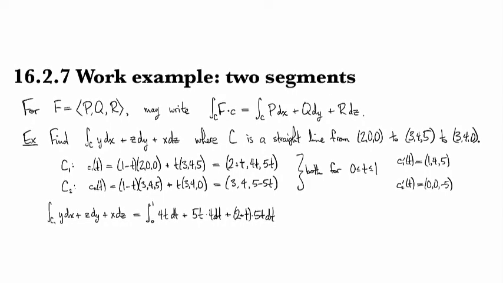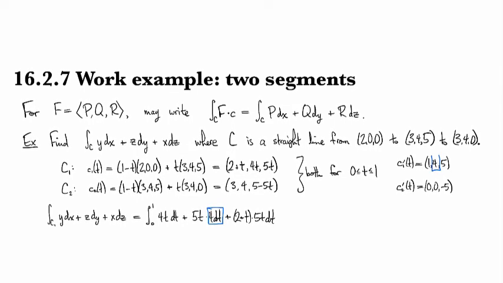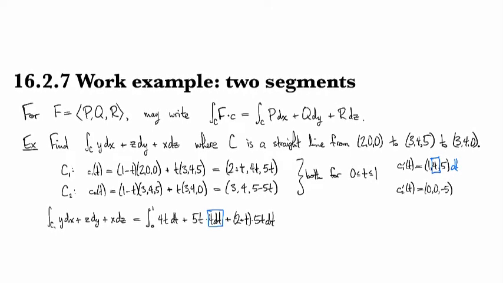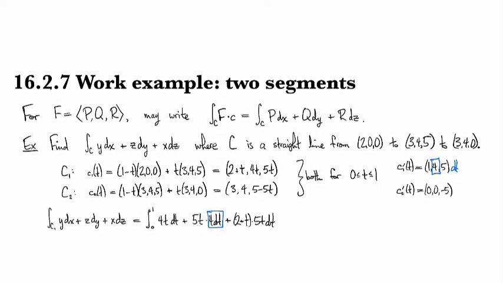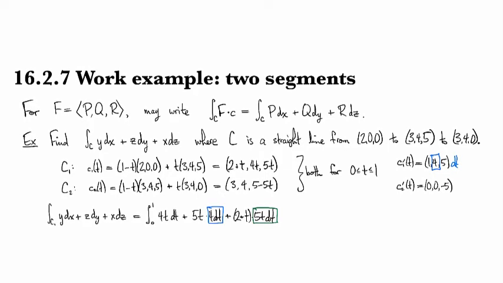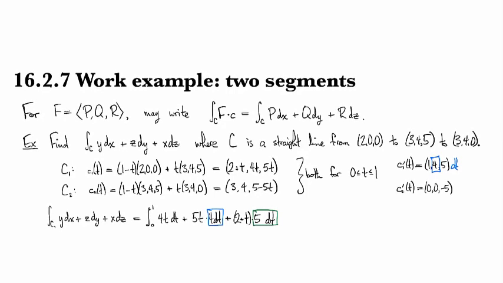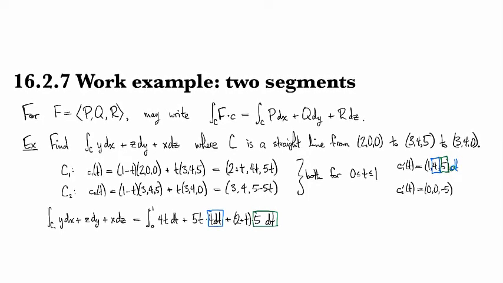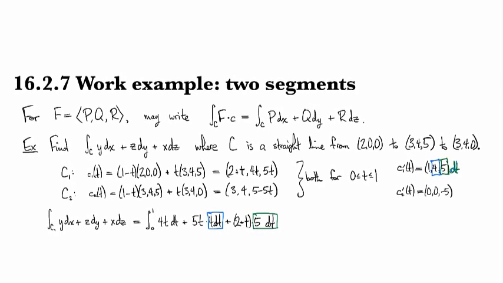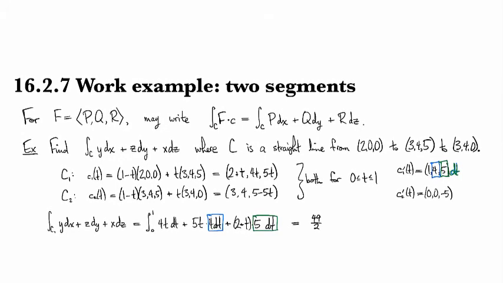Just in case there's any question, this 4t dt is coming from 4 dt here, and that 5t dt is coming from here. Okay, and so then I can work out this integral, and I get some number. Hooray, 49 over 2. Awesome.